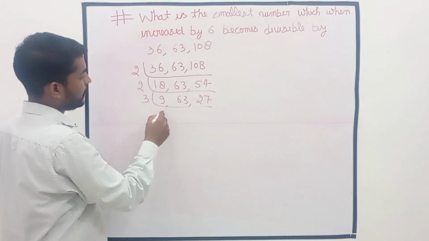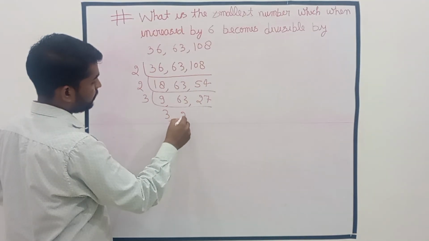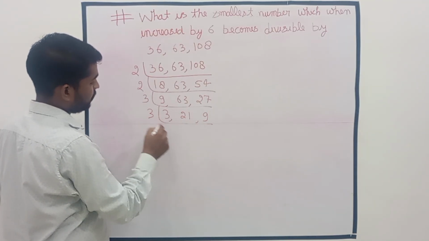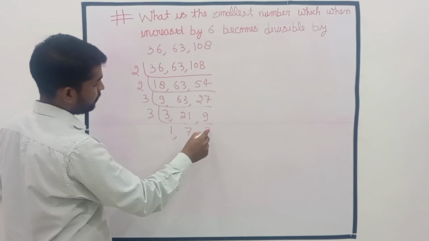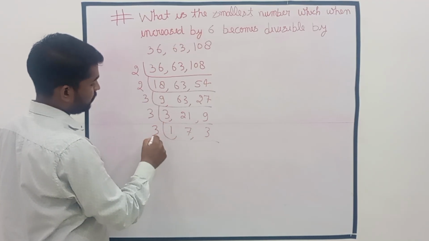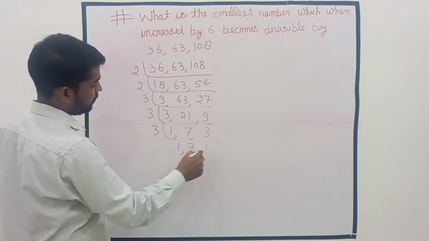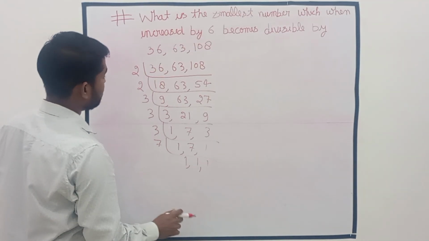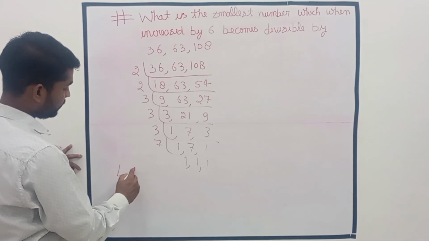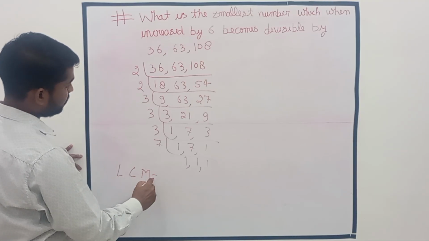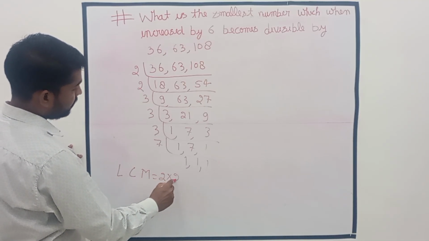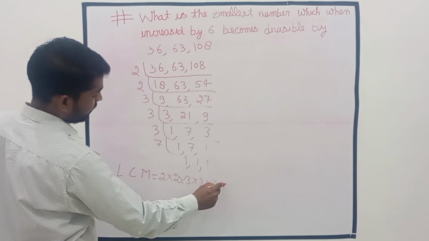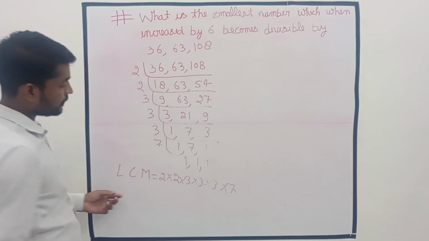Again we divide by 3. And the LCM is 2 multiply 2 multiply 3 multiply 3 multiply 3 multiply 7.